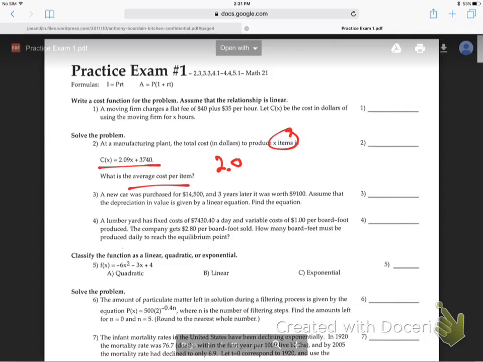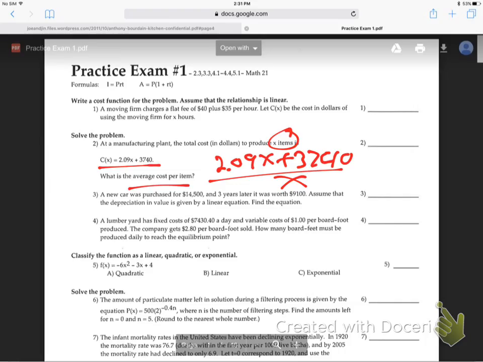So all that is involved in this problem is to divide the cost by X. When you take the cost and divide it by the number of items, that's the cost per item. That's all they want you to do. So now it's cost per item, in other words, average cost. That's all that's going on.